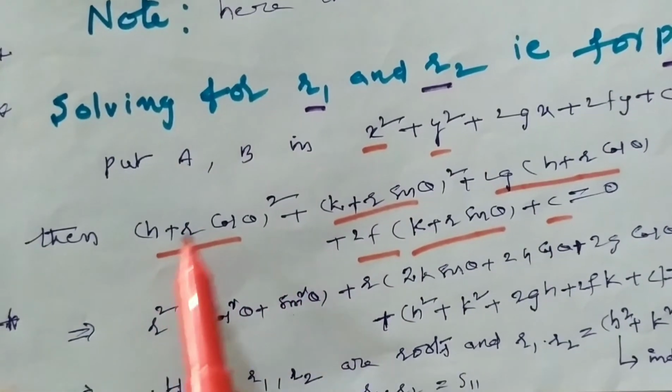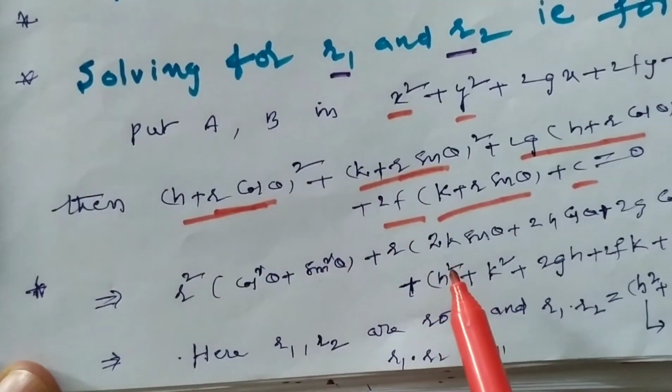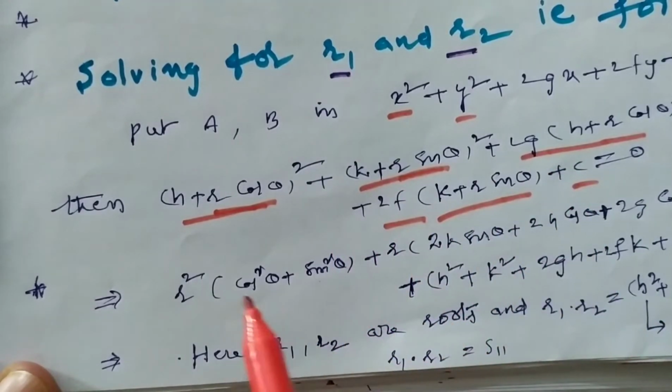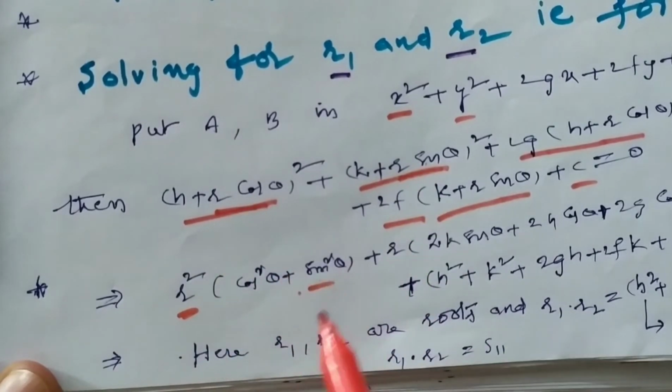By taking all the r terms, from squaring we get r square cos square theta and r square sin square theta, and some constant terms. Taking r square common, you will get cos square theta plus sin square theta.